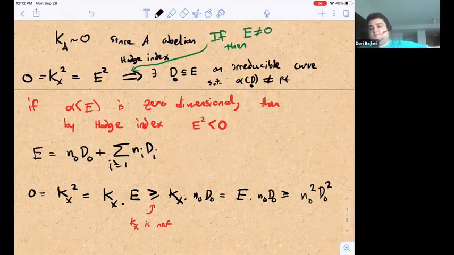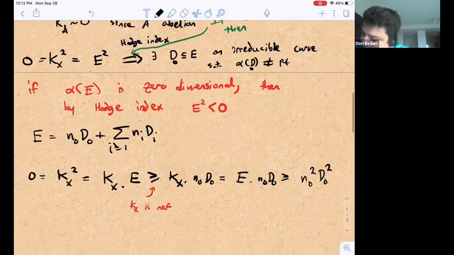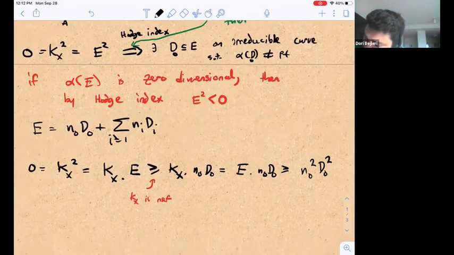So d0 is one irreducible component, and then the di's are some other irreducible components. So they have to intersect d0 non-negatively. So when we subtract those off, we again get something that's smaller. So putting that together, we get that, and then of course n0 here is at least 1. So we get that d0 squared is less than or equal to 0.